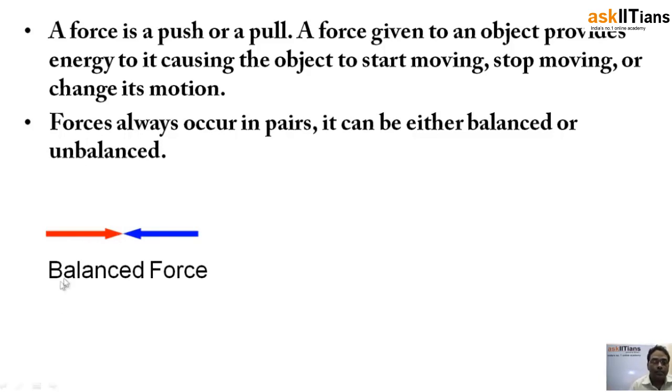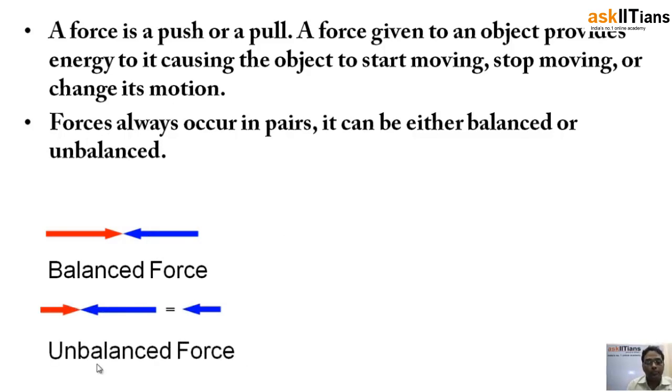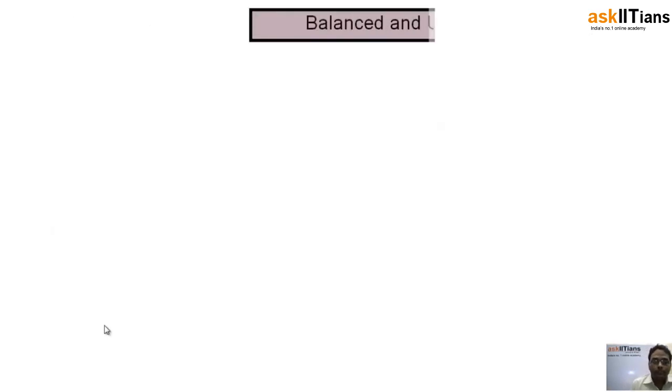Here, as you can see, when this is a balanced force, this force is equal to this force, and therefore these two forces are equal in energy. Unbalanced forces, as you can see, are not equal, so there is a resultant force coming out as the difference of these two forces. So these two forces are unbalanced in nature.